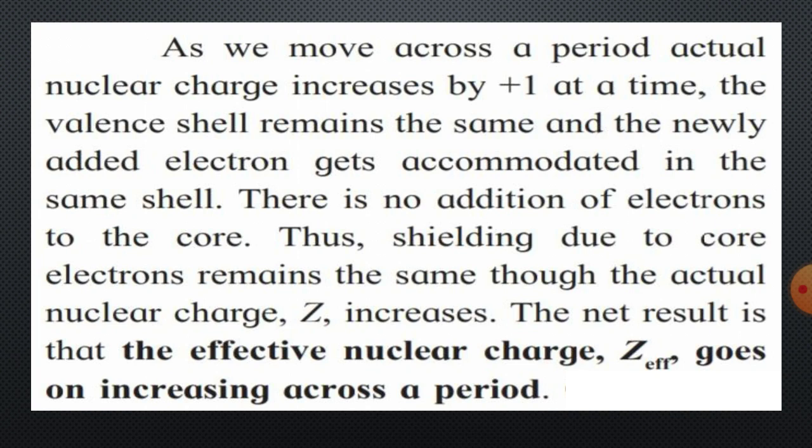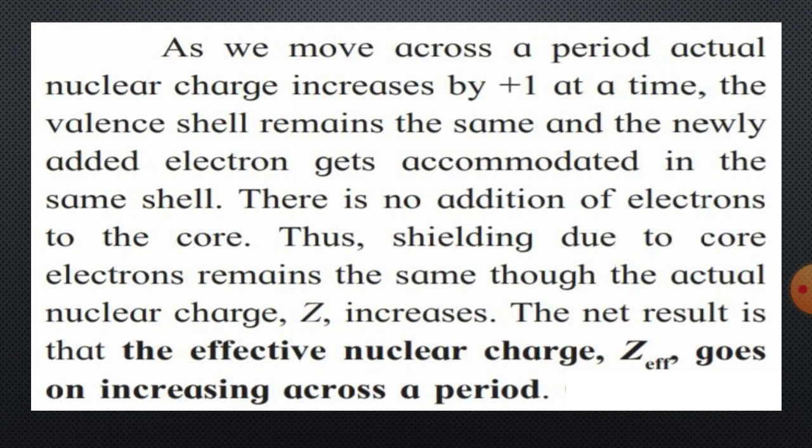As we are moving across a period, what is happening? Just pay attention over here, students. Think over it. As we are moving across the period, what is happening? Atomic number increases by 1. As atomic number is increasing by 1, its nuclear charge will also be increasing by 1.